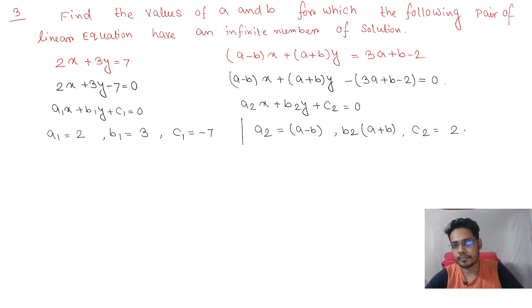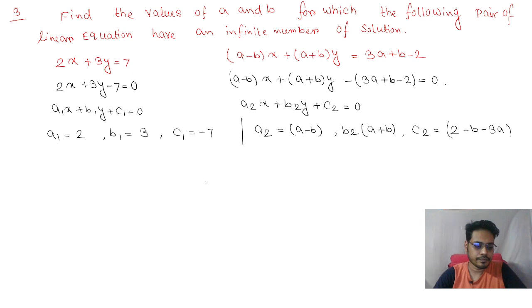That means 2 minus b minus 3a. Now it has infinitely many solutions, an infinite number of solutions.